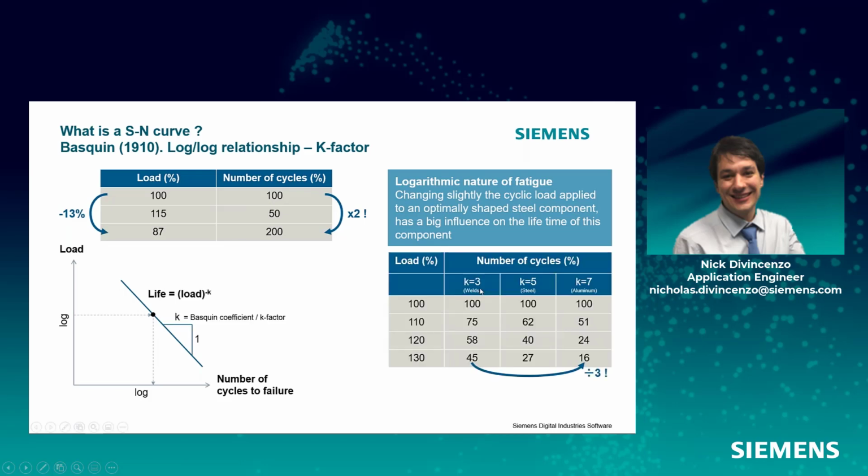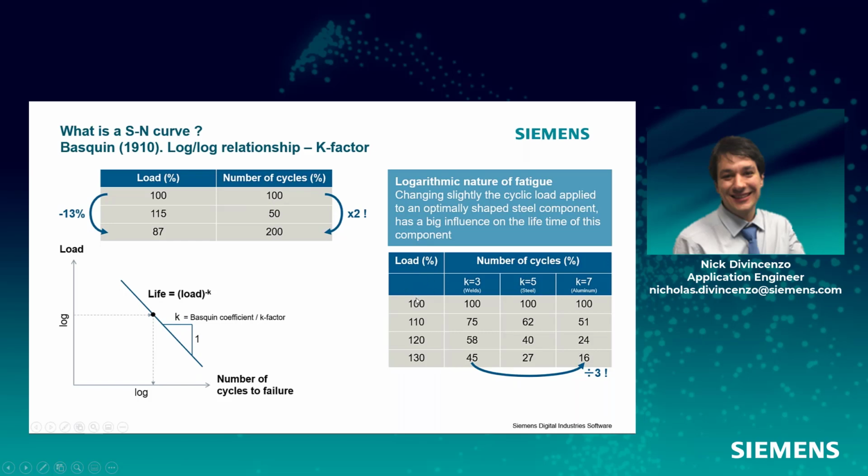The material also has a large influence on the fatigue life. The slope of the SN curve, or the run of the SN curve, is called the Basquin coefficient, or the K factor, and it determines how much run the slope of my SN curve has versus the rise.